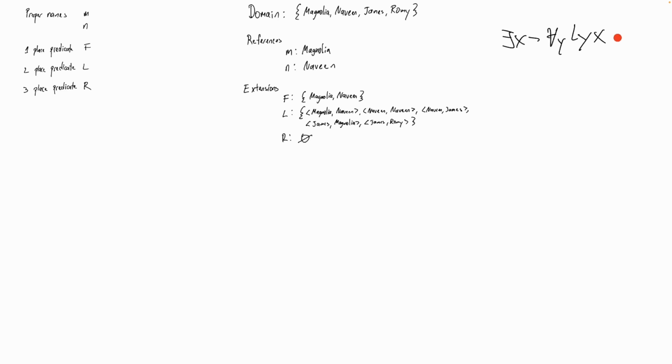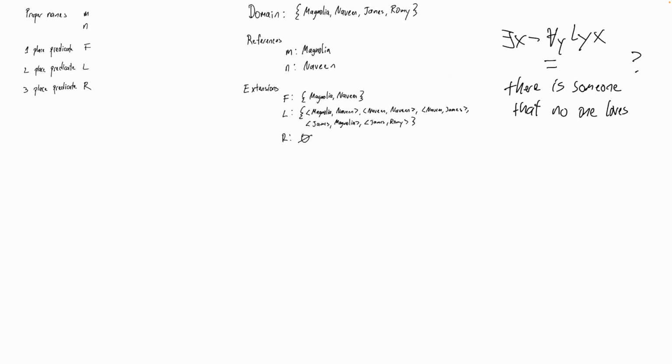Now finally, let's return to the formula there is an x such that it's not the case that for all y, LYX, and the question of whether that says the same thing as there is someone that no one loves. Let's first think about whether that English statement is true on the valuation we have in front of us.